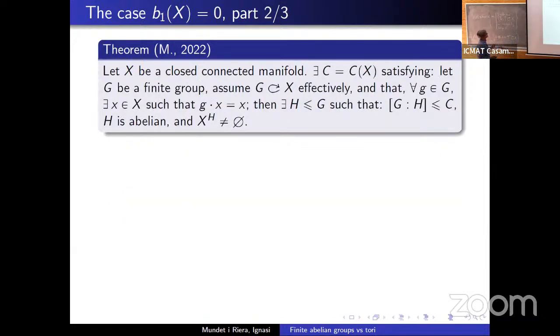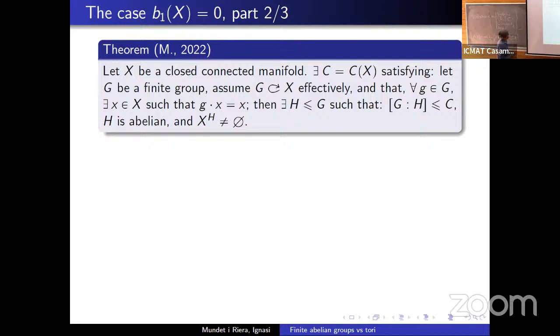Now, in our case, we are going to assume that X has an effective action of Z mod p to the m. Any element here is contained in a subgroup isomorphic to Z mod p. So any element of this Z mod p to the m acting on X has a fixed point. But in general, a priori, there is no reason why the fixed points should be the same.